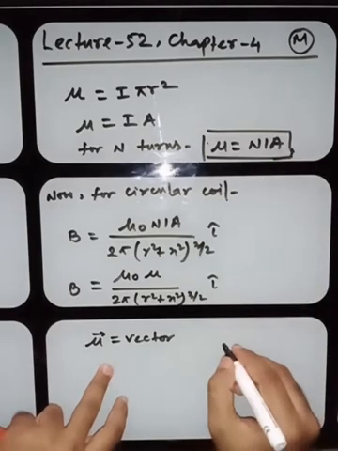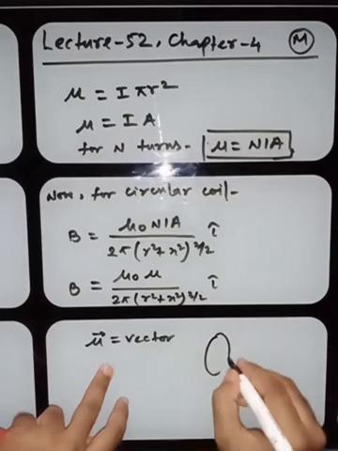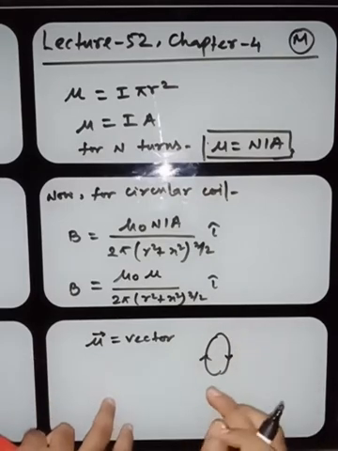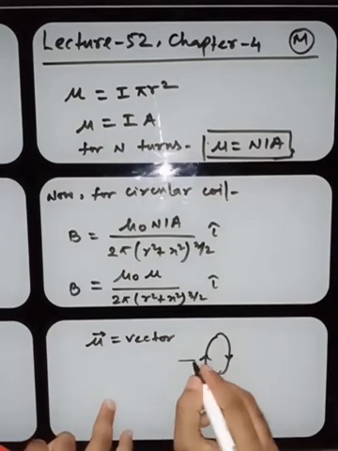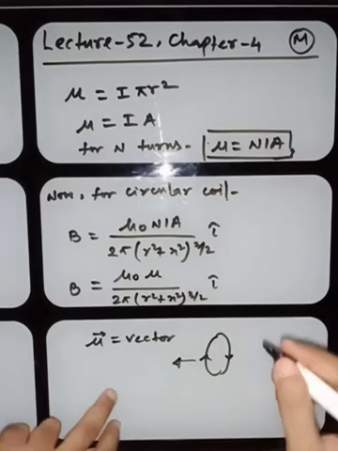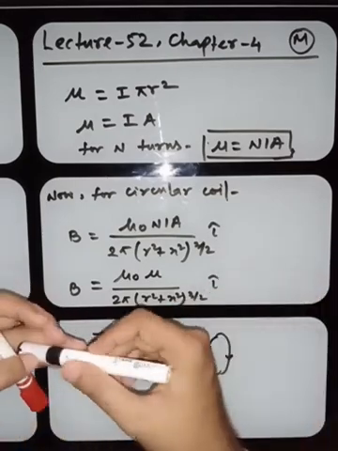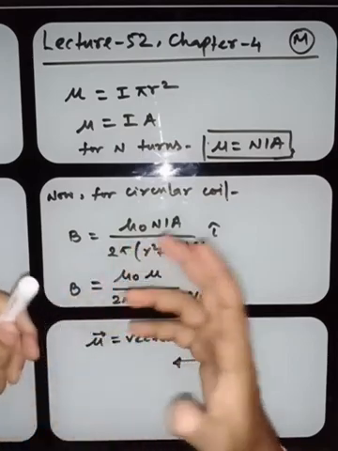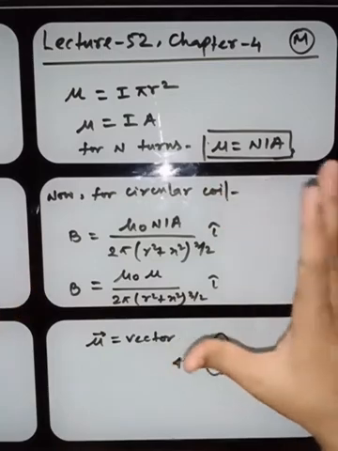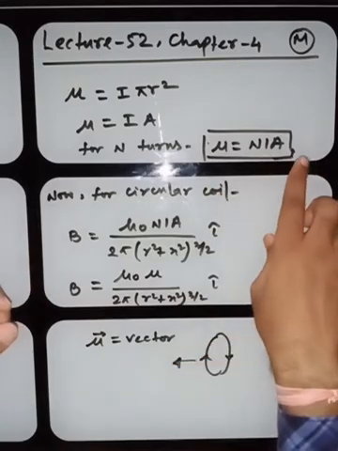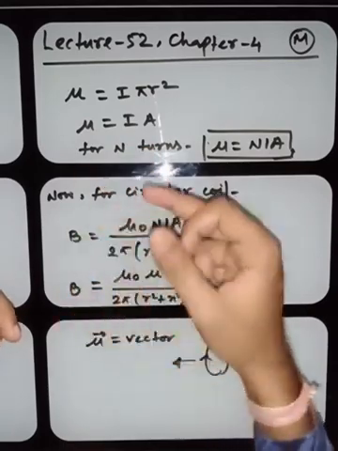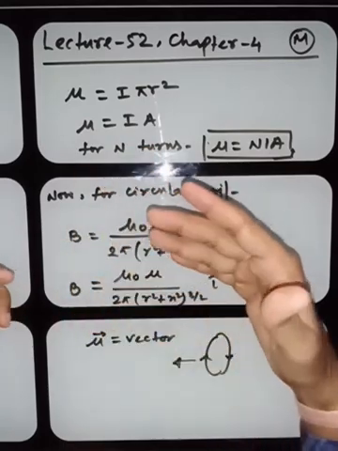If this is a coil, current is moving in this direction, so magnetic dipole moment will be in the direction of magnetic field. I hope that you got the magnetic dipole moment. It is NIA for n turns, and simply it is the product of current flowing through the conductor and the face area of the conductor.